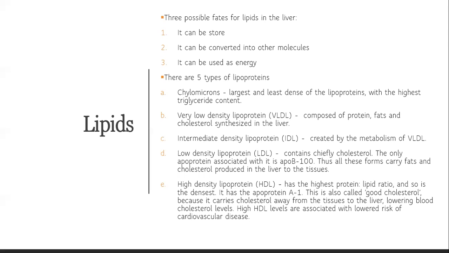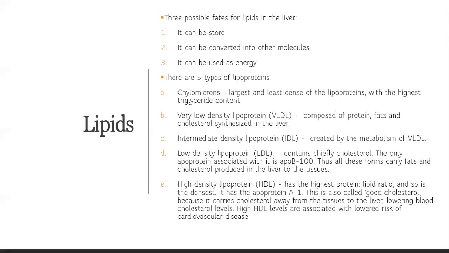We also have the IDL, which is created by the metabolism of VLDL. The LDL contains chiefly cholesterol, which is also a bad cholesterol, and the only apoprotein associated with it is ApoB100. It carries fat and cholesterol produced in the liver to the tissues.